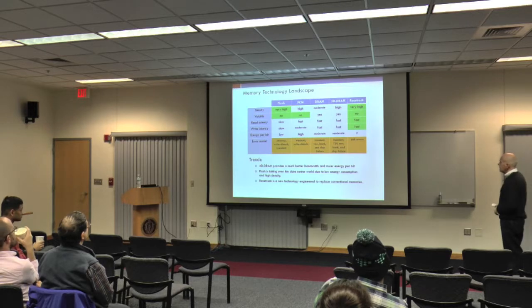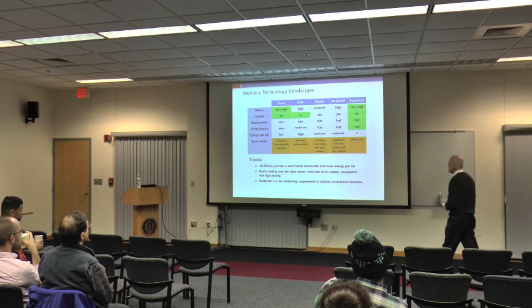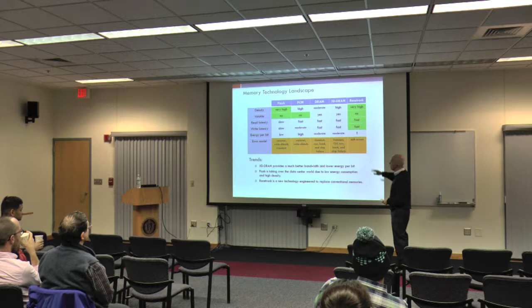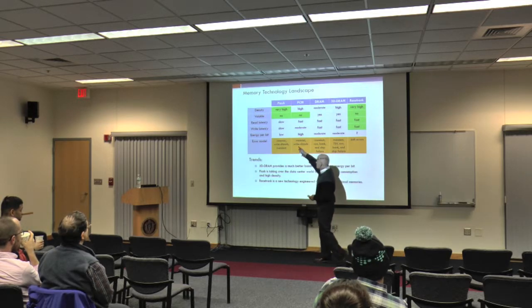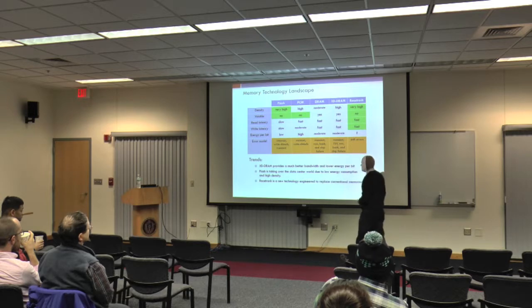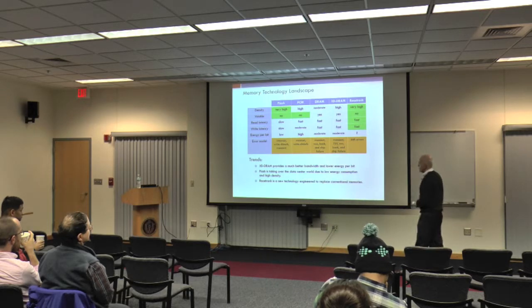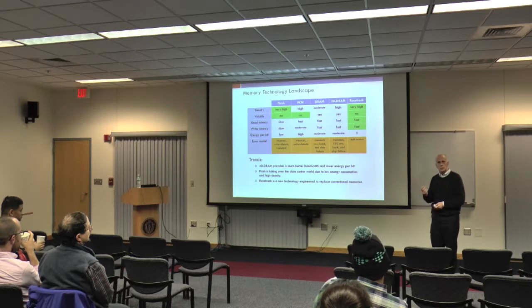What I've highlighted at the bottom are the different error models. For Flash, the problem is that these little Flash cells, we can only erase them so many times before they lose the ability to retain information.